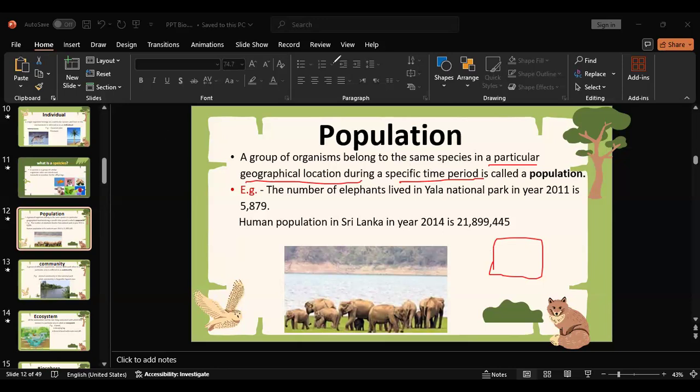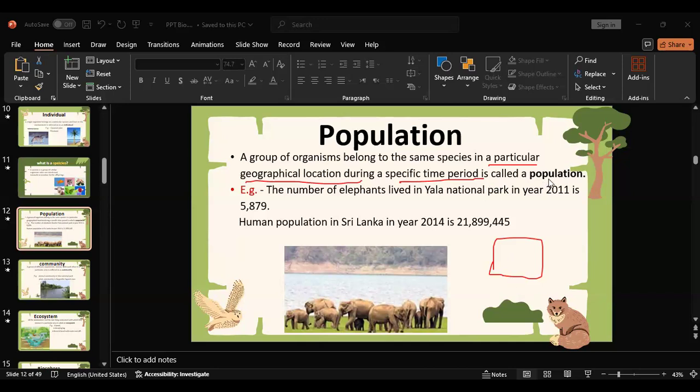If you talk about cats, only cats. So a group of organisms belonging to the same species in a particular geographical area, and you should mention the time when you are getting the population, what the time period is, what the duration is.